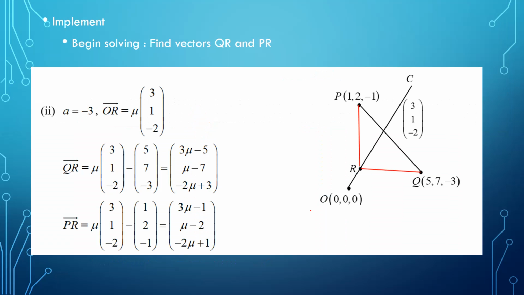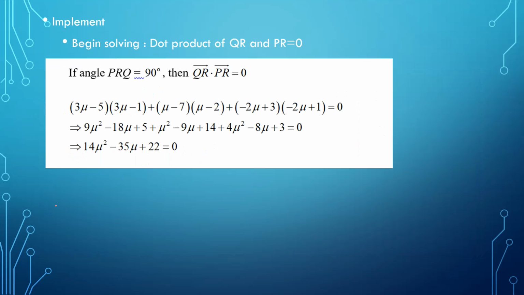Once you have strategized, implement. Solve by finding QR and PR. So using your vector addition, you can actually find vector QR and vector PR. And then because they are at 90 degrees, dot product must be equal to 0. So dot product of your two items, you actually end up with an equation that involves mu.